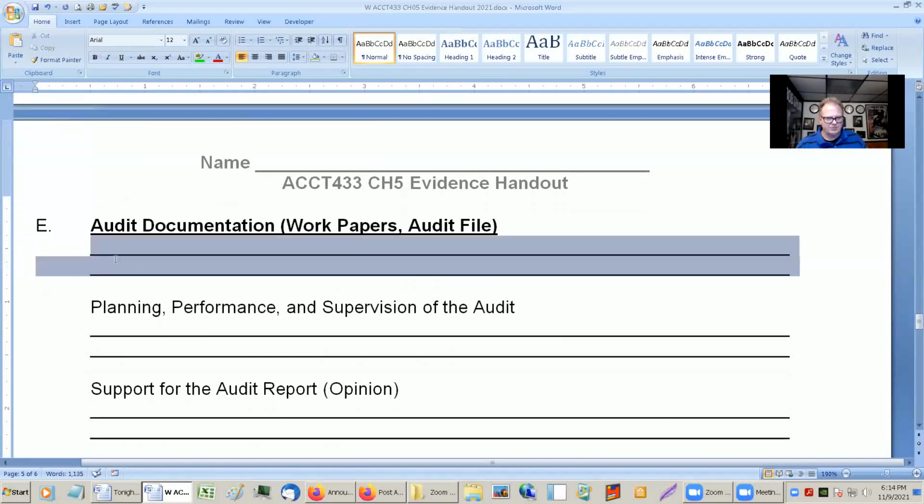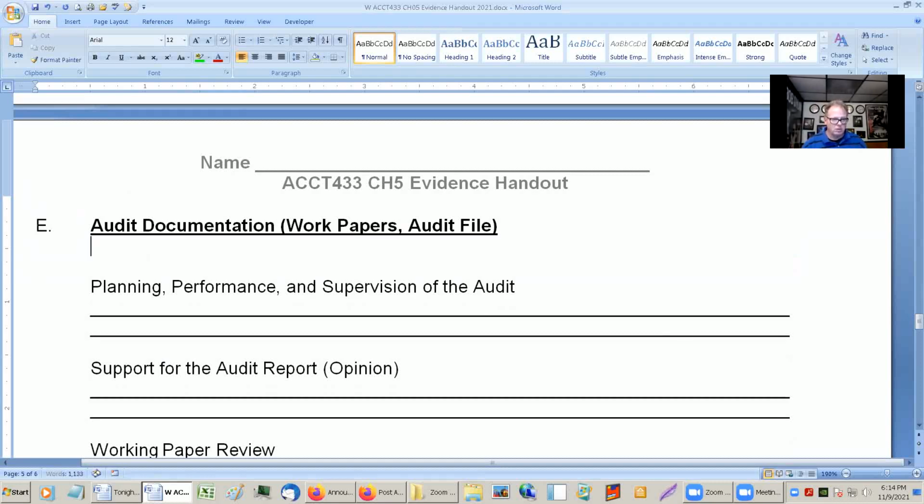Audit documentation. Two words. The auditor's work papers.